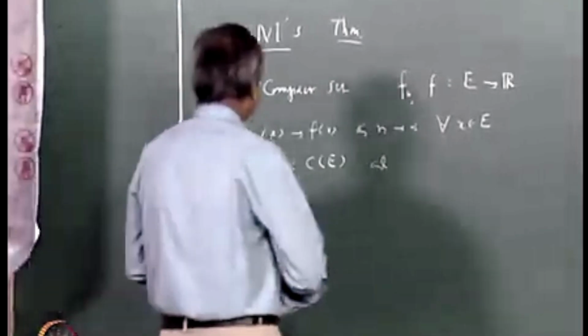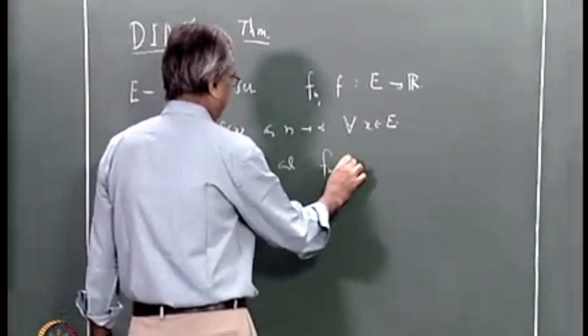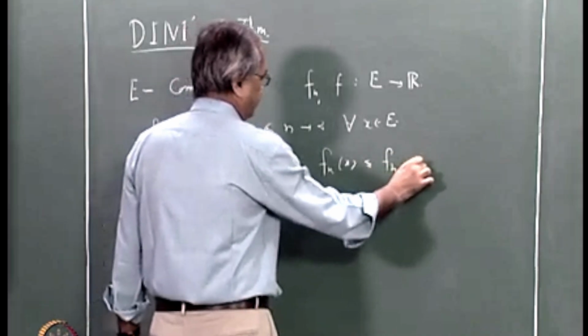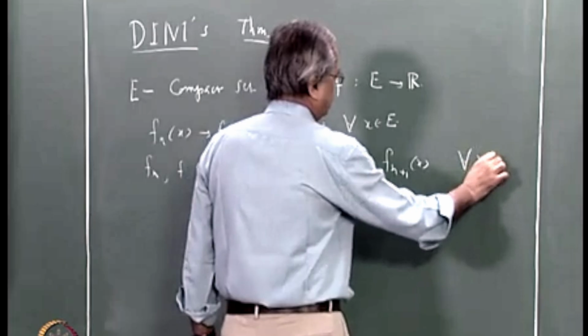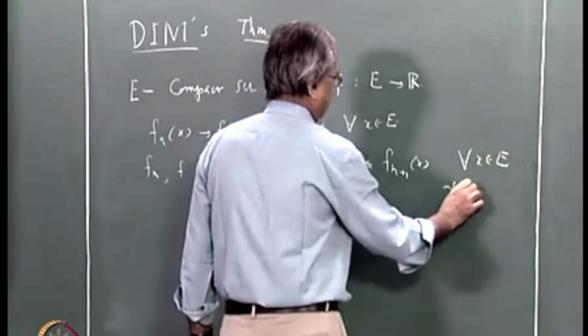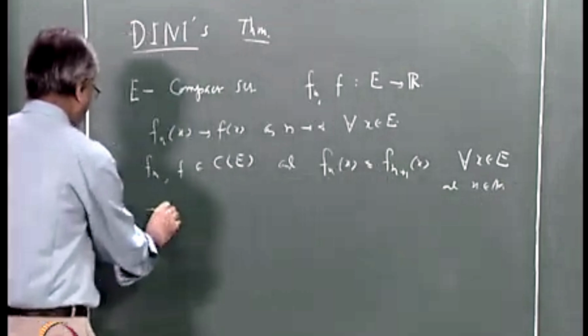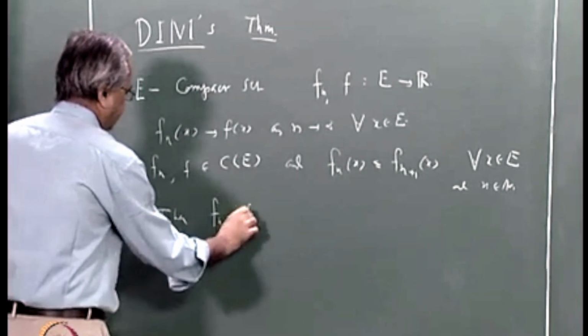Let us take one of the cases. Suppose it is monotonically increasing, and let us say that Fn(x) is less than or equal to Fn+1(x) for every x in E and n in N. Then Fn converges to F uniformly.